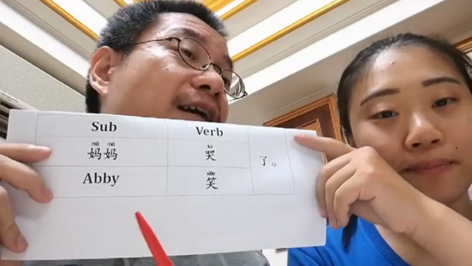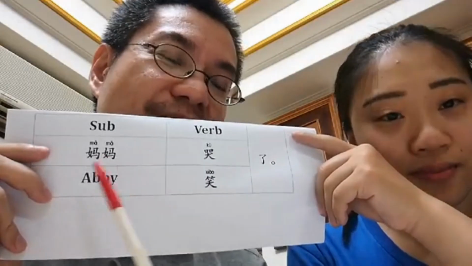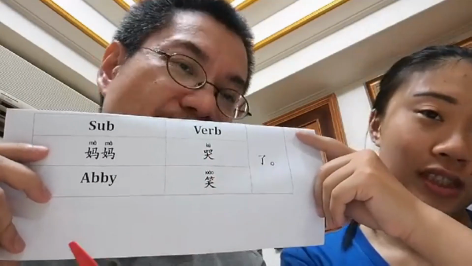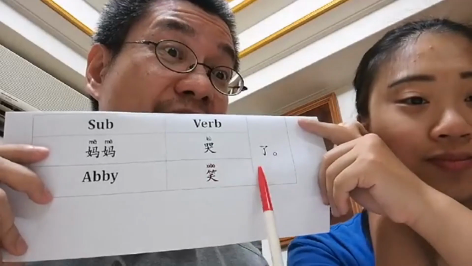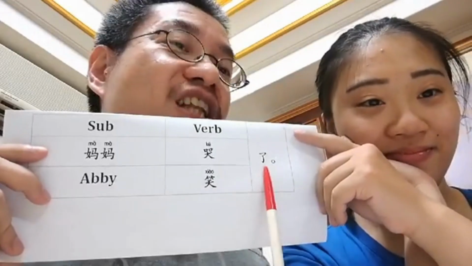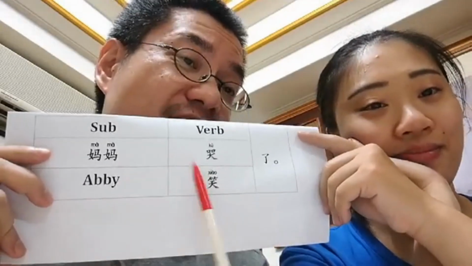Abby 笑了. Mama 哭了. Very simple. We just use le after the verb. So this is the first usage of le. Let's see what's the next usage of le.